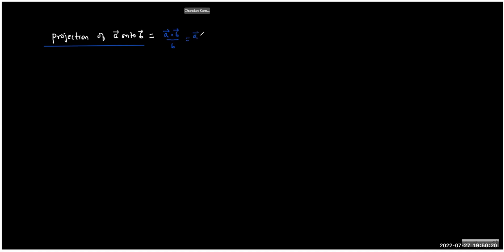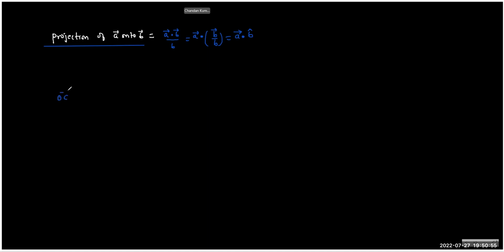This comes out to be A dot B upon B, which means A dot B cap. So projection of A onto B is A dot B cap, the shadow, the projection. Okay. So now it's very easy to find the projection vector.